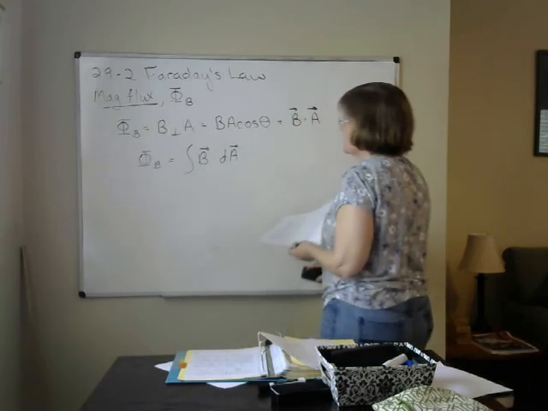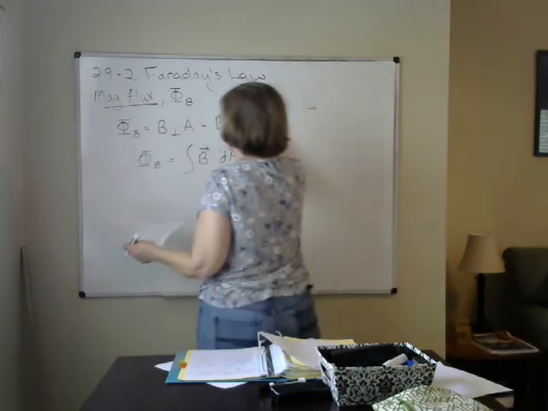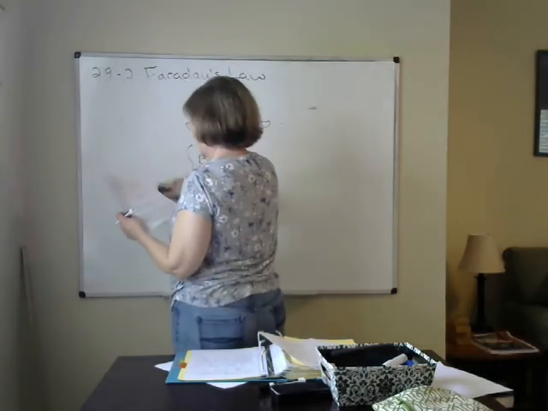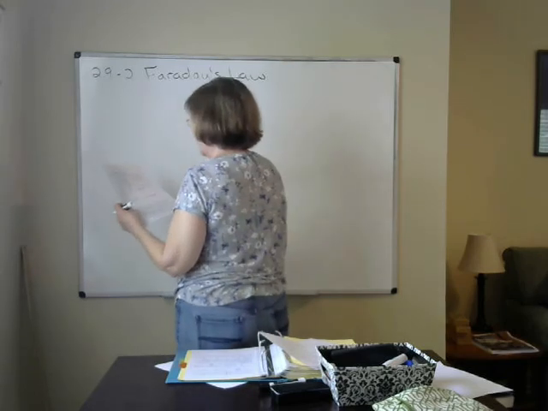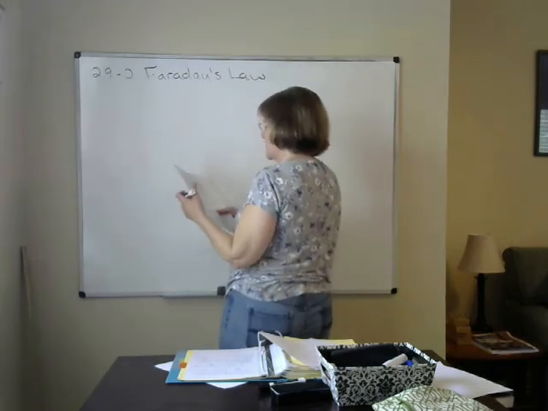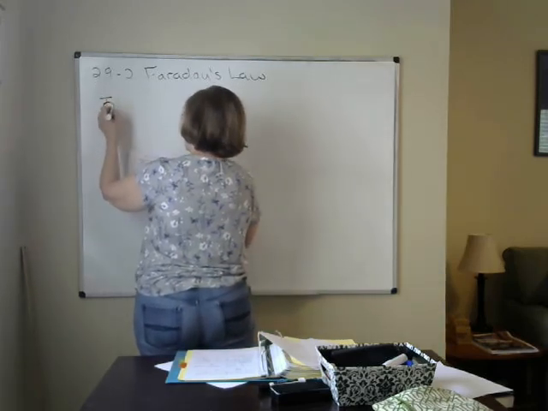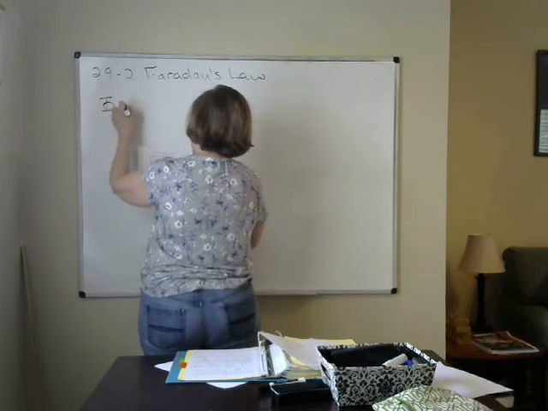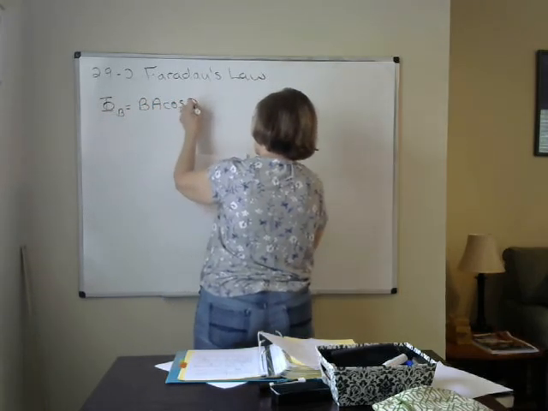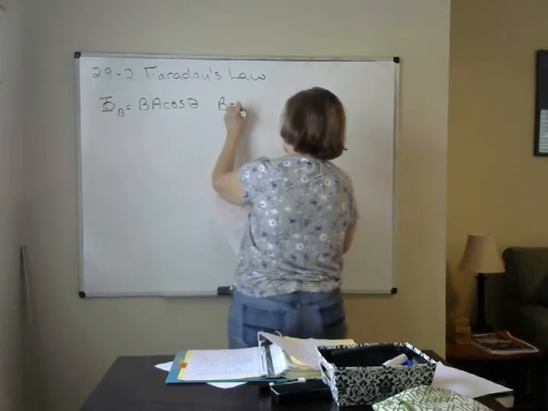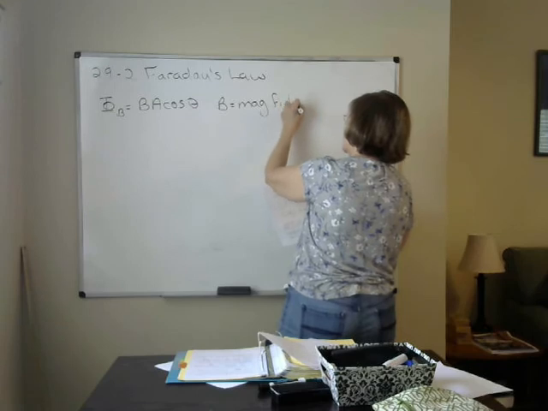Let's apply this idea. In those previous formulas, I'm going to write it in this form because I feel like this is the one we're going to use the most. B, of course, is the magnetic field, and that's measured in Tesla.